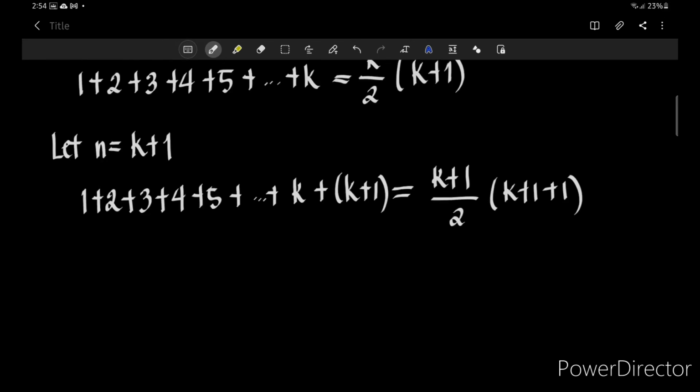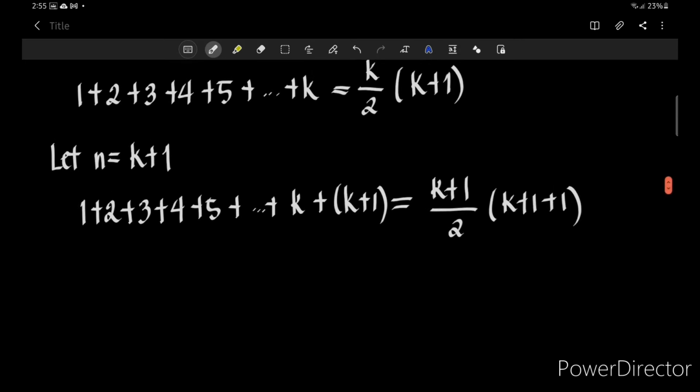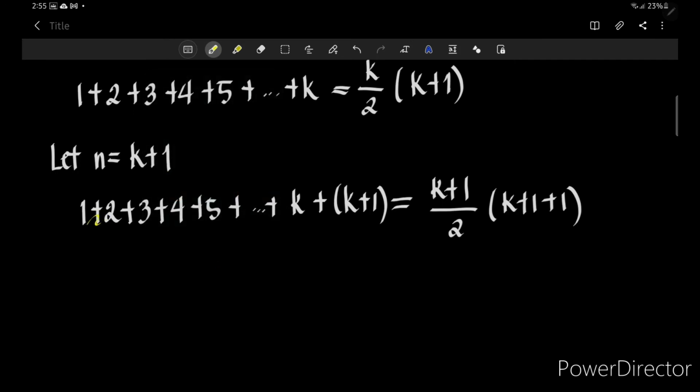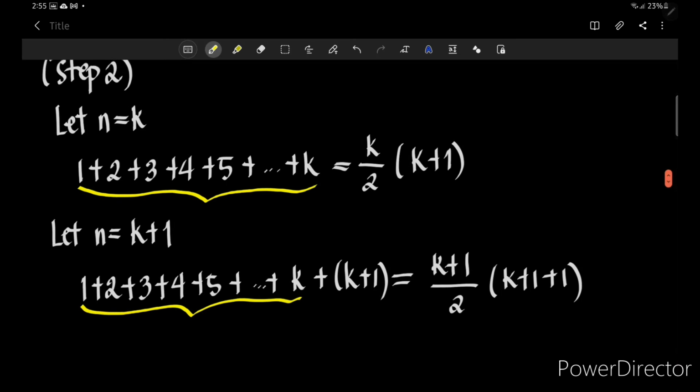Ngayon, paano natin ipapakita na ito ay equal sa isa't isa? Okay. Kung mapapansin nyo, itong nasa left side, familiar po ba kayo dyan? Ito po yan. Okay? So, yun yung nasa part na at n is equal to k. Inassume natin na yan po ay equal sa k over 2 times k plus 1.